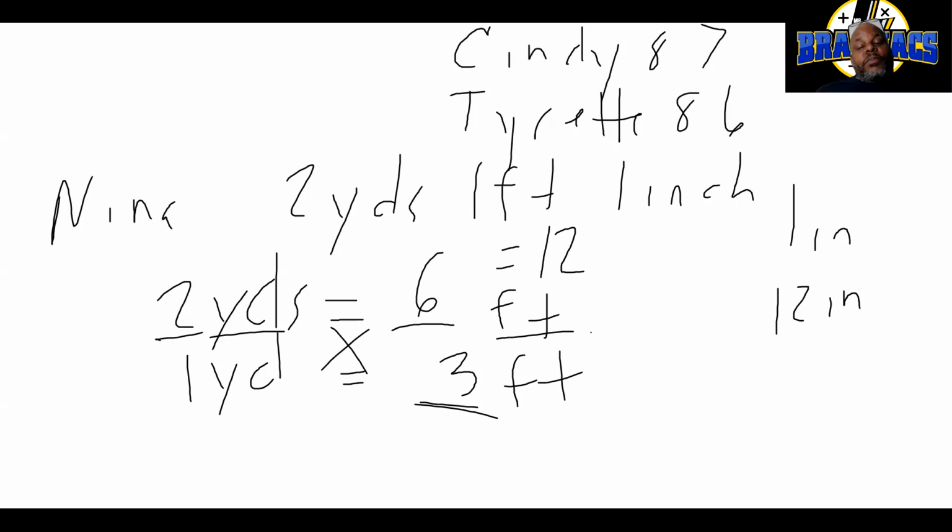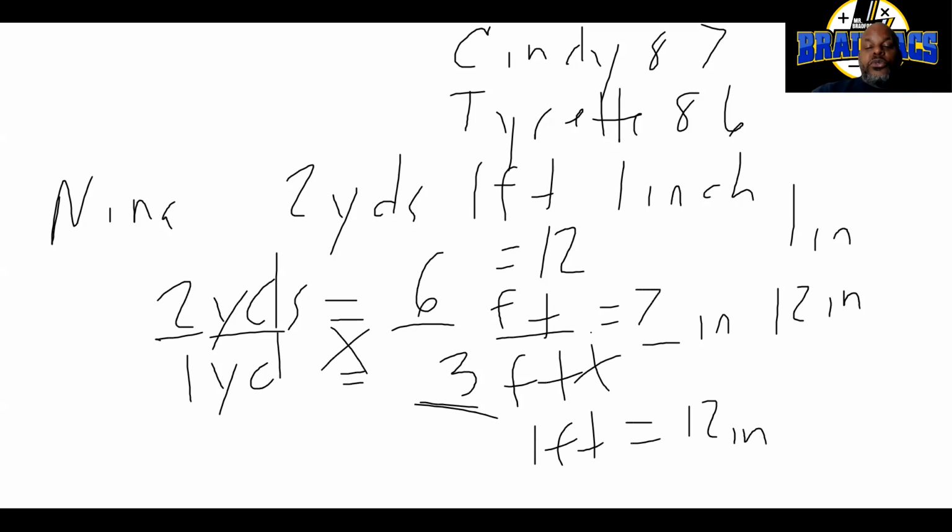So that's good, but how many inches are in 6 feet? Well, we know that 1 foot is equal to 12 inches. So we're going from larger to smaller. So 6 times 12 equals 72. So 72 inches plus 12 inches plus 1 inch.